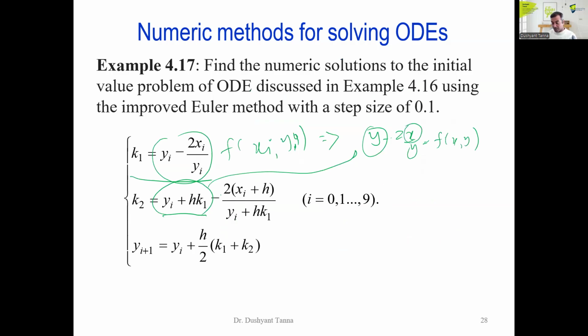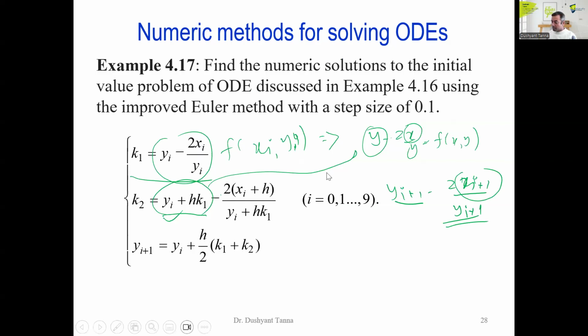If you want, you could have written y_{i+1} minus 2x_{i+1} over y_{i+1}, and y_{i+1} is y_i plus h k1, x_{i+1} is x_i plus h. And finally, your y_{i+1} is y_i plus h over 2, the average of k1, k2. H times the average.